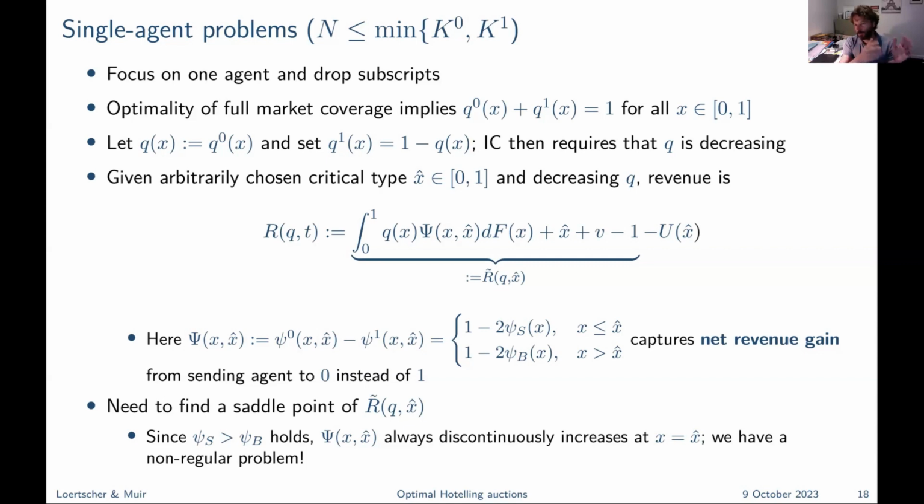So this is psi naught minus psi 1. Now, because psi S is larger than psi B, whenever you reach X hat, this function big psi will have an upward jump at that point. And so this function will fail to be monotone, and therefore we will have to iron it.